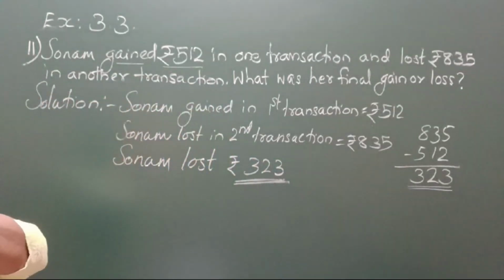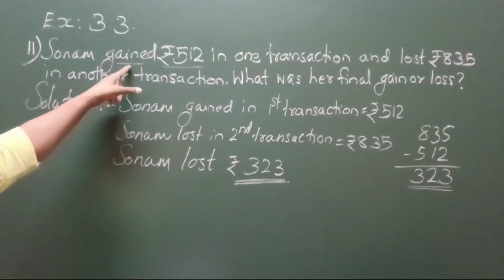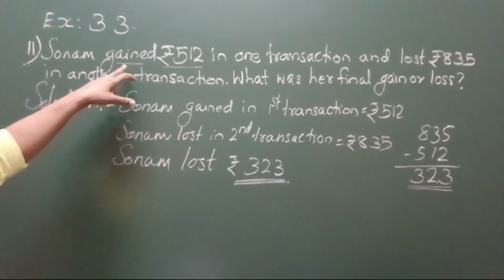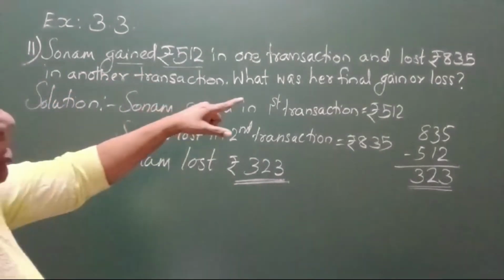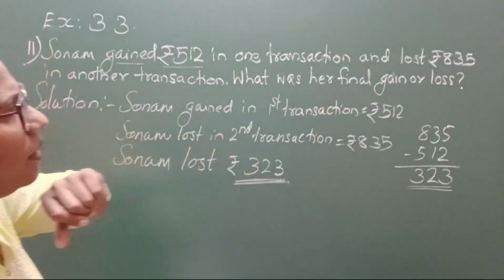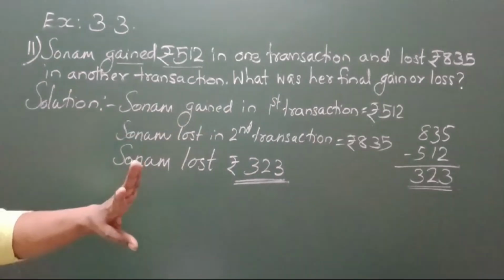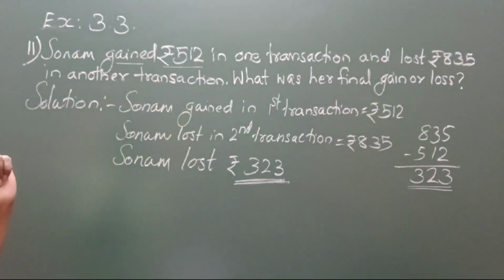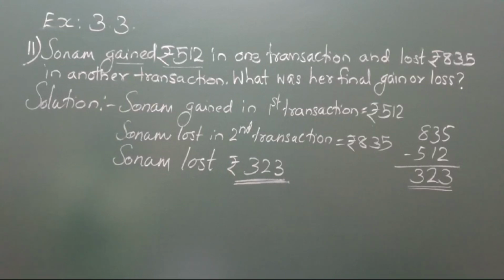In the question it clearly says that her profit is here, or she gained 512 rupees, but she lost 835 rupees in the second transaction. So it clearly says that she lost more than what she gained.